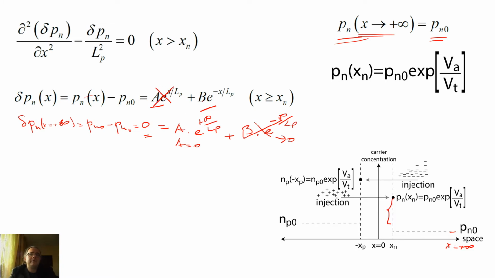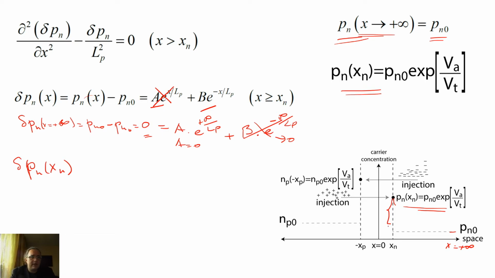Now we have the constant B, and then we use the other boundary condition, which means that at the border of the space charge region, the concentration is known, is this concentration. We derived it in the previous video. So then we write again the equation for the excess carriers at point xn.